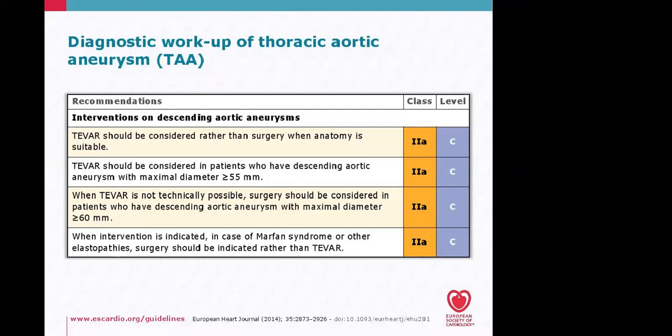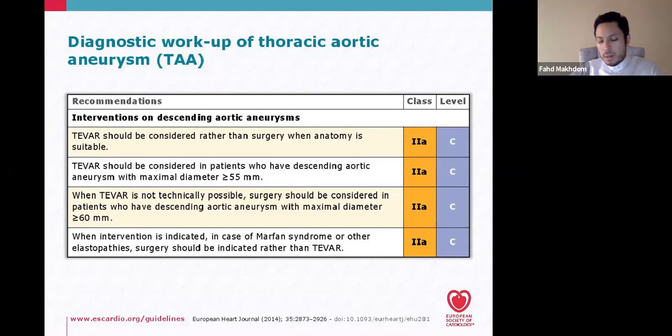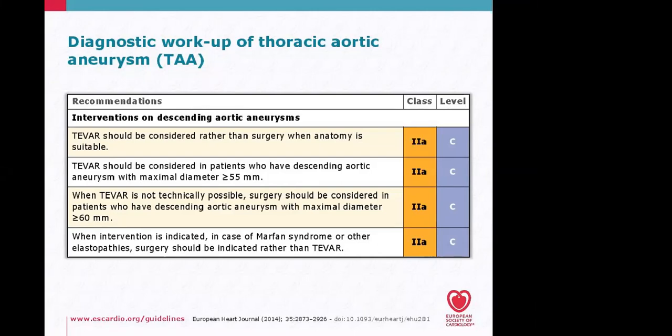However, there are series doing TEVAR with connective tissue disorder, but stick to the guideline, it is not advised. The landing zone should be at least 2 to 3 centimeters, of healthy tissue, not aneurysmal tissue.